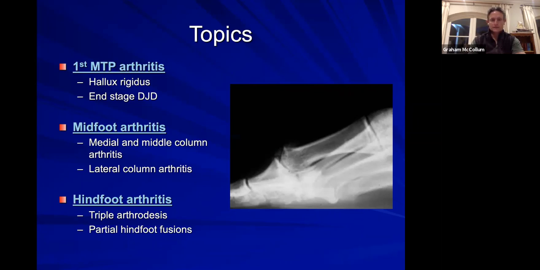All of you who rotated through my firm would have done a couple of MTP joint fusions, either for arthritis or for Hallux rigidus or severe Hallux valgus with arthritis. So it's tremendously common. If you're going to be doing any foot surgery or being a generalist, you need to understand a little bit about MTP joint problems, and that may require arthrodesis or arthroplasty or interposition, and we'll discuss some of those.